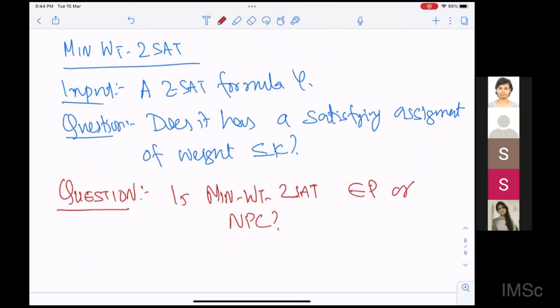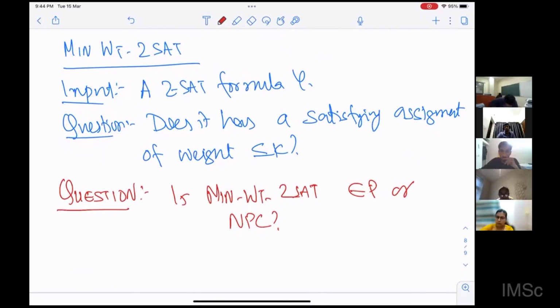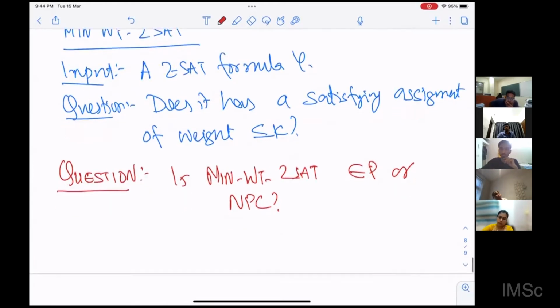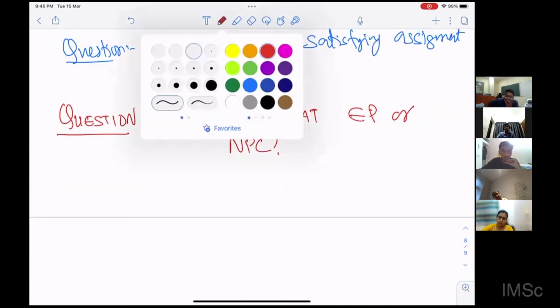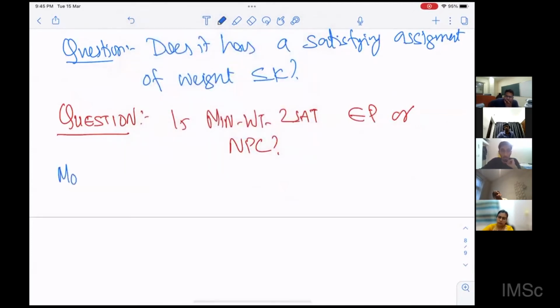It is NP-complete. Why? Because we just reduced vertex cover to min weight 2-SAT. This is essentially a generalization of vertex cover, right? In 2-SAT formulas, what we showed in our reduction was a very different kind, what is called monotone 2-SAT, meaning we never had clauses like x or y bar.